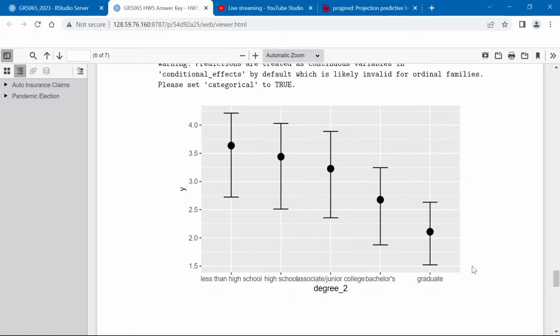The fact that it was monotonic was assumed. The fact that it's exactly this shape was estimated. So people with graduate degrees have much different opinions on this question of whether the vaccines are worth the risk than people with high school and less than high school.